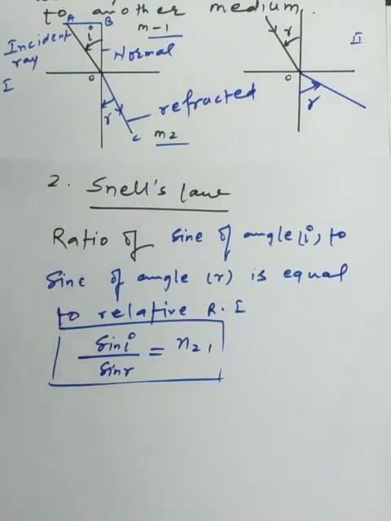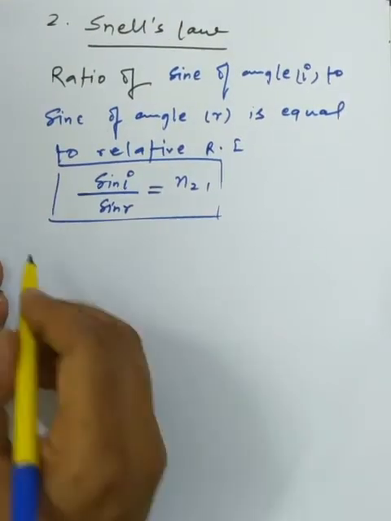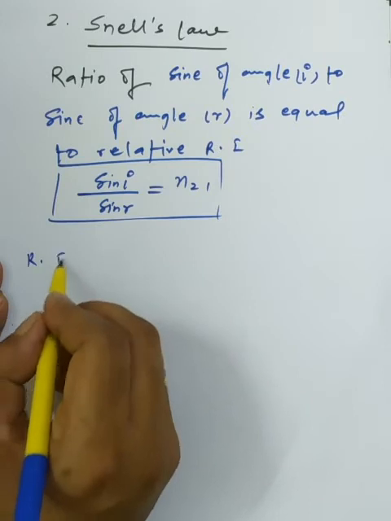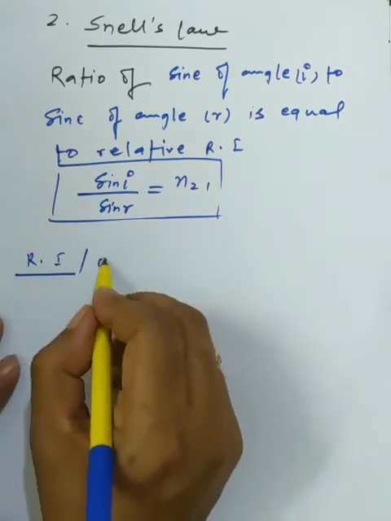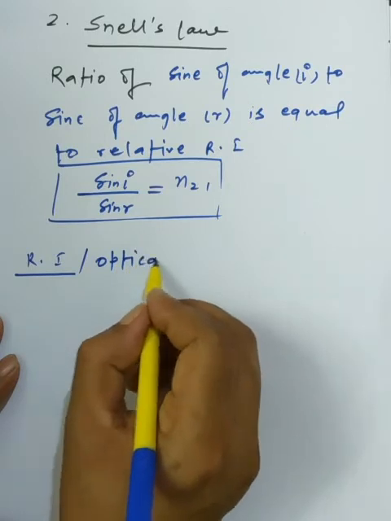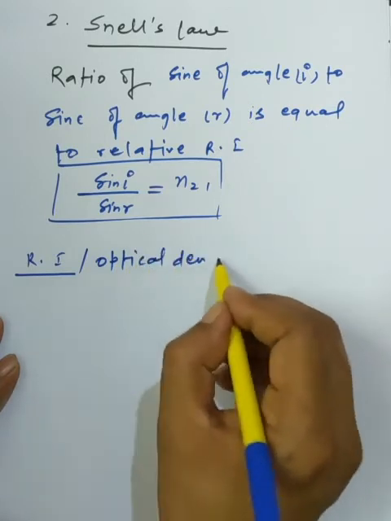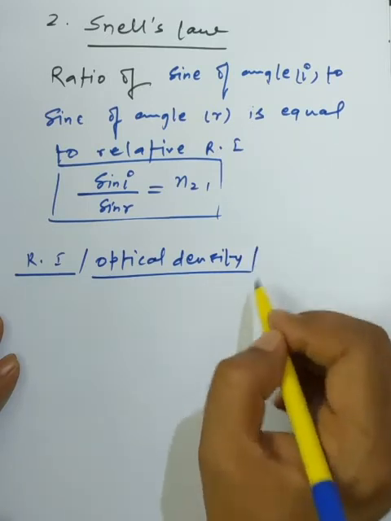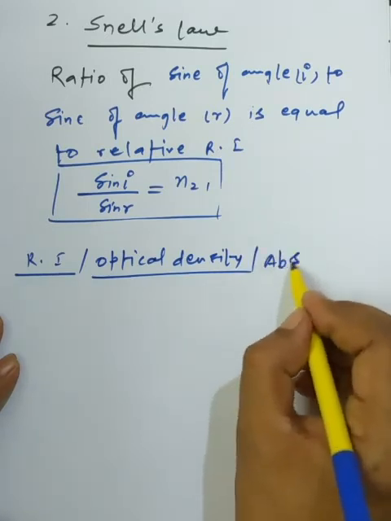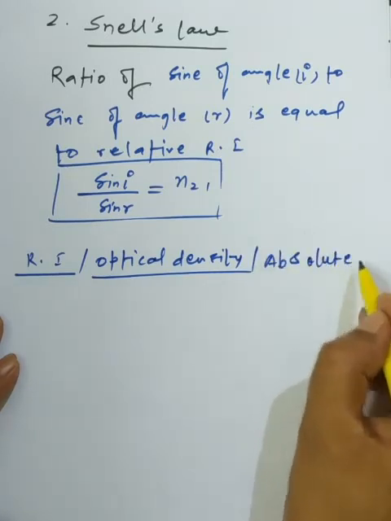First we have to discuss the meaning of the refractive index. So what is the refractive index, or it has another name, that is called the optical density. So optical density, or the absolute refractive index.